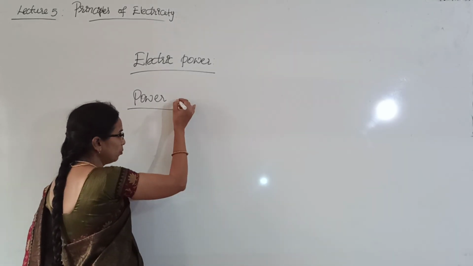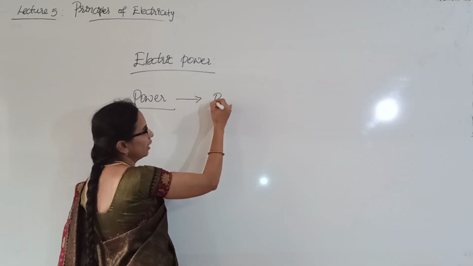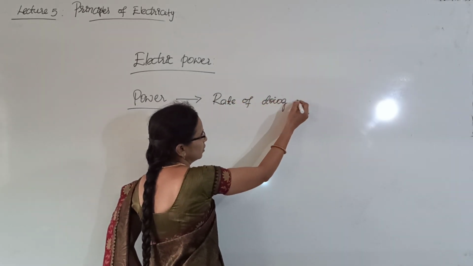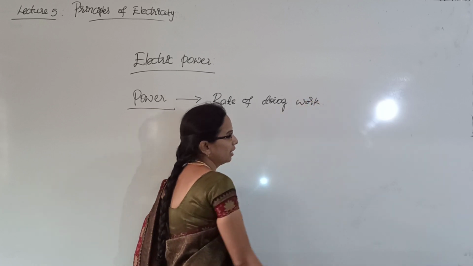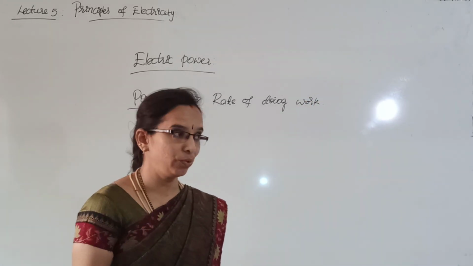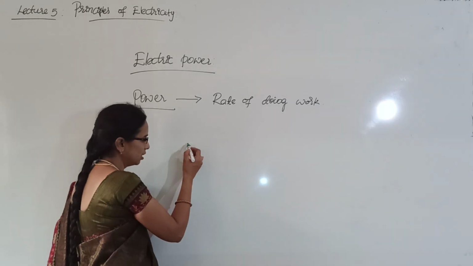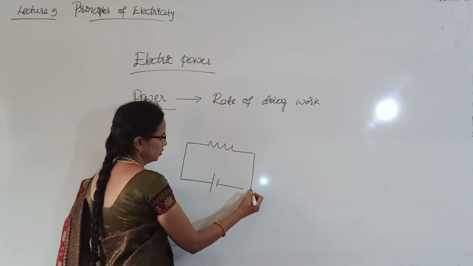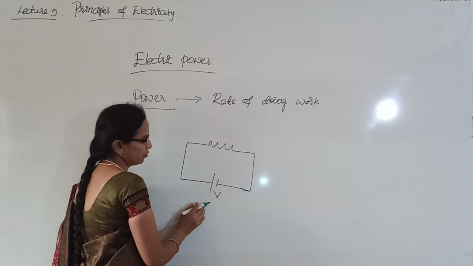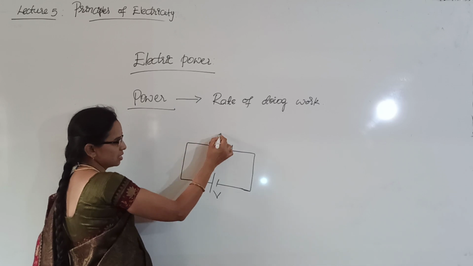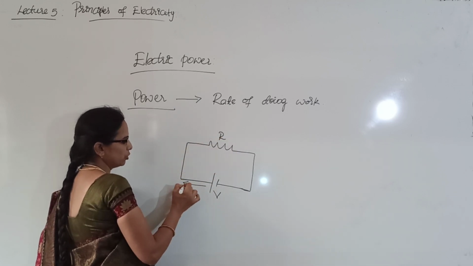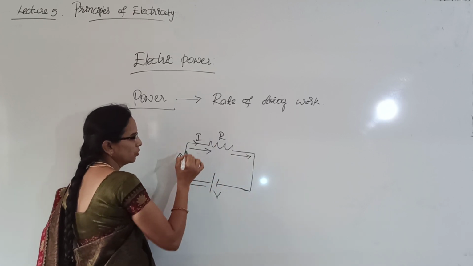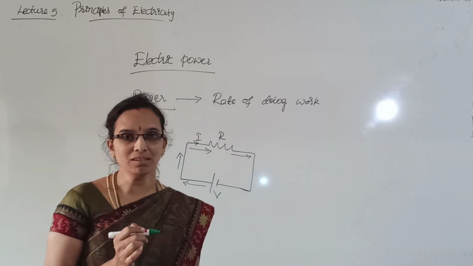See, electric power is defined as rate of doing work. What is this work? In our simple resistive circuit, the potential difference of E is applied across the resistor R. Once the potential difference is applied, charges start flowing and current is flowing through the resistor.